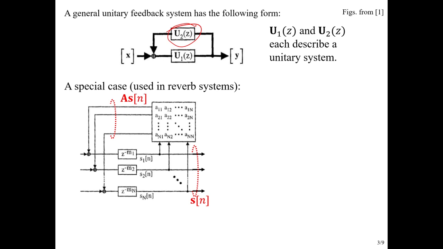And so here I'm denoting whatever this vector is, gets multiplied by this matrix A to create whatever that collection of signals is that gets fed back and added to the input. Notice that in the diagram, we're evoking the action of this matrix multiplication by having these arrows go up to columns.